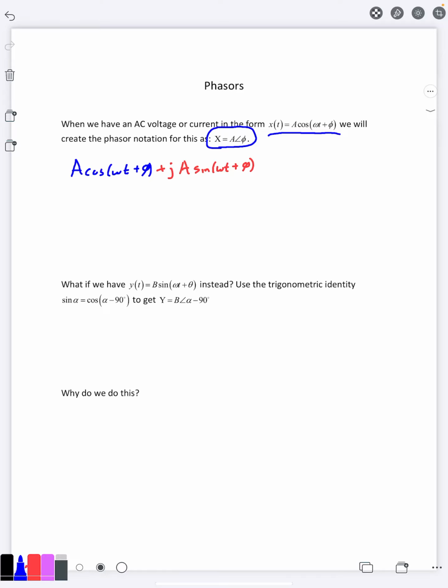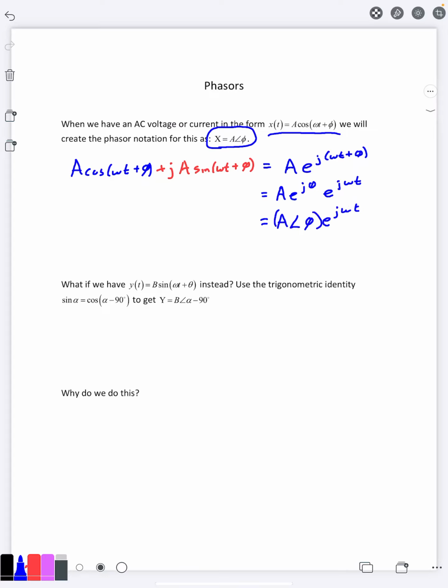Knowing Euler's identity, we can rewrite this as A e to the j times omega t plus phi, which we can then further break up as A e to the j phi times e to the j omega t. And then that A e to the j phi is the complex number in polar form, A angle phi.